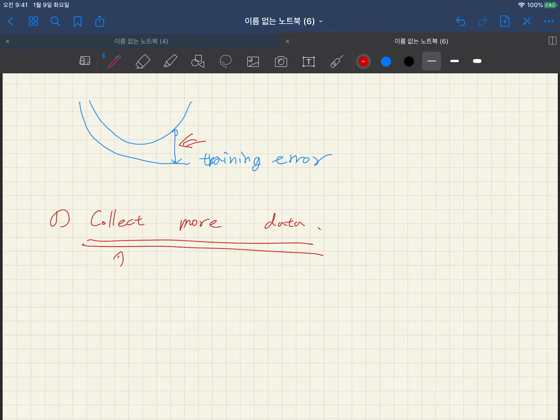But because of the physical difficulty or cost difficulty, many people invented some tricks that look like a data production process, which is called data augmentation.